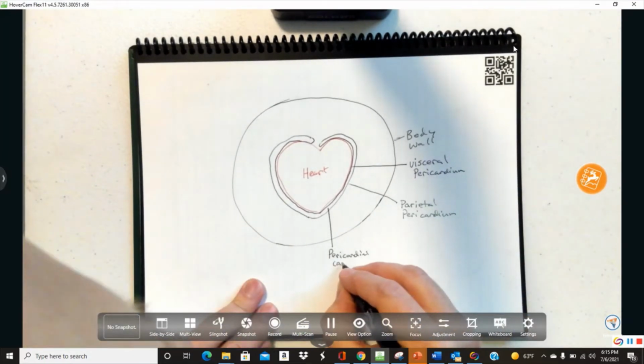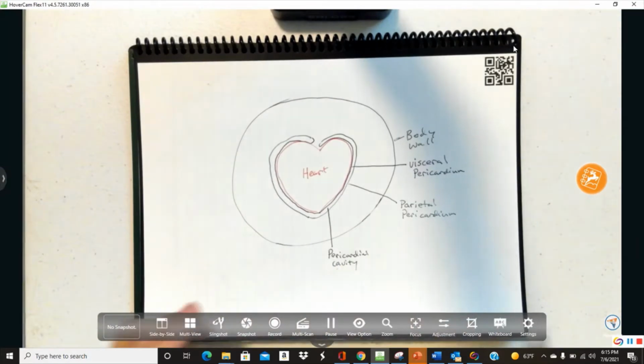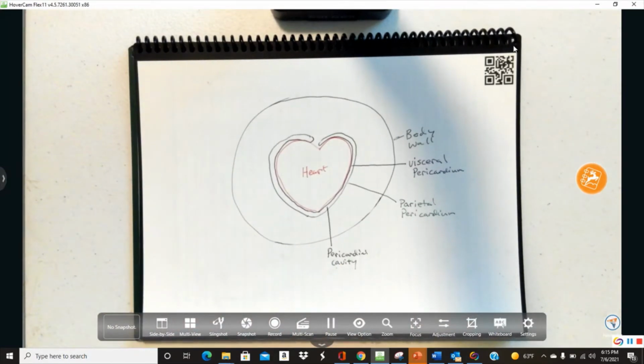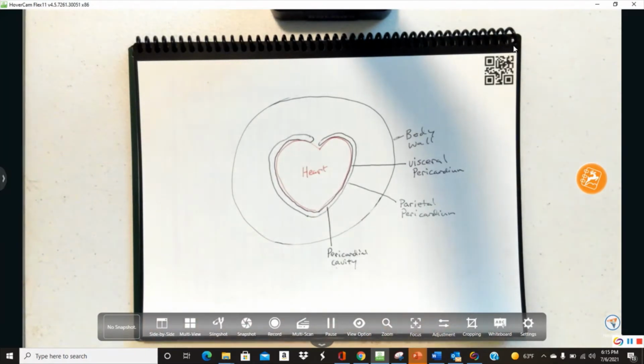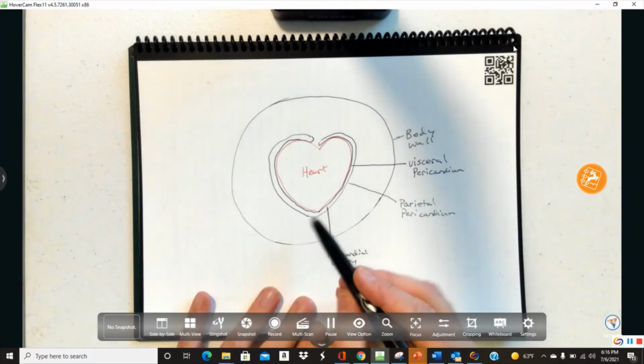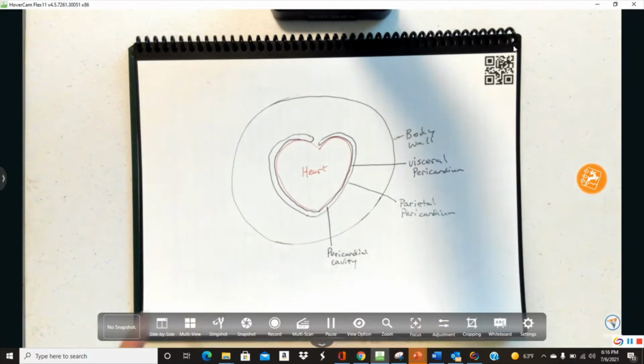Okay. Now there is fluid in there, and we'll talk about this, pretty clinically significant in conditions like congestive heart failure, things like that, infections, for example, Streptococcus pyogenes, the strep throat bacteria can come in and infect this, and you get infective pericarditis.